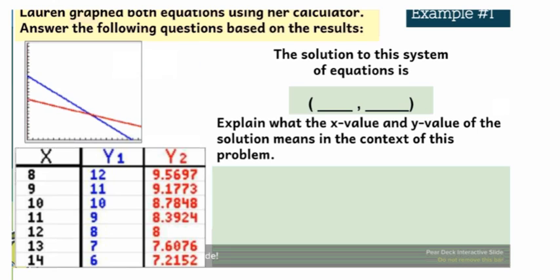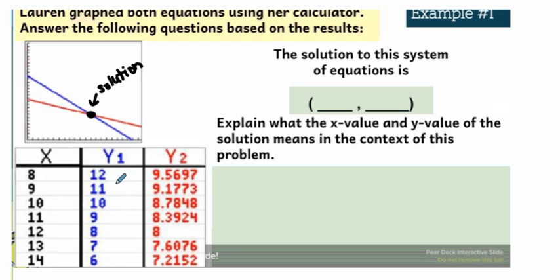Do you see the solution on the graph? I do. It's this point right here where the two lines intersect. But there's really no numbers on this graph, and I'm not really sure what the scale is. So we can also look at our table of values to help us find the exact coordinates of the solution.